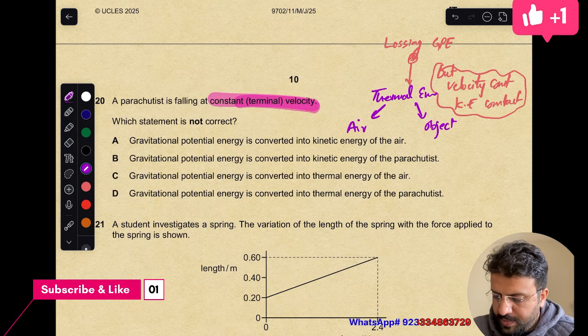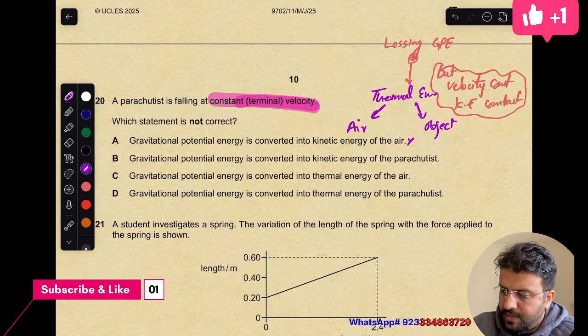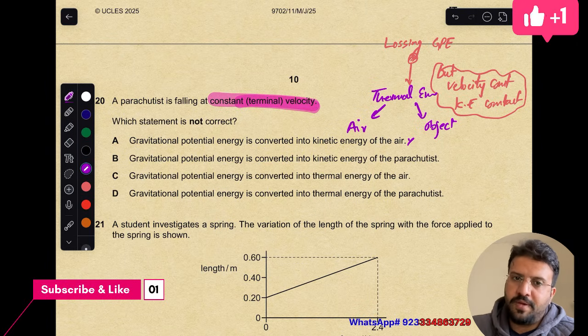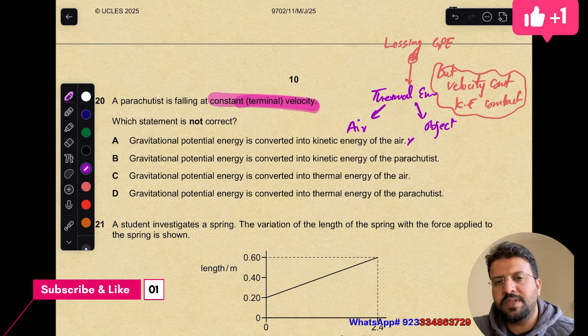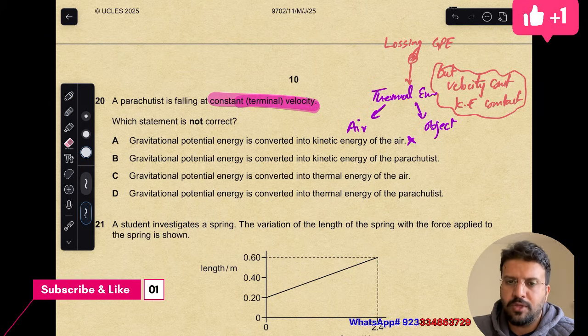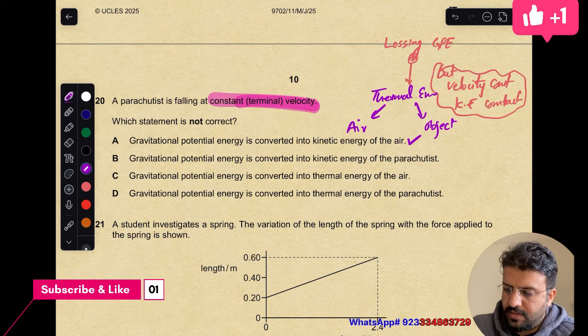So if we see the options, gravitational potential energy converted into the kinetic energy of the air. It's not only the air, but now this is a concept from the thermal energy. When the air is getting the thermal energy, it will gain the kinetic energy. It is true partially, but some of the thermal energy is gained by the object as well. So it's true, but we have to look at the wrong option, right?